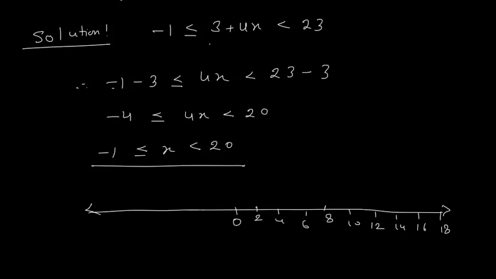So here we have 20, and here on the left side we have minus 1, minus 2, minus 4. So minus 1 will be somewhere here.